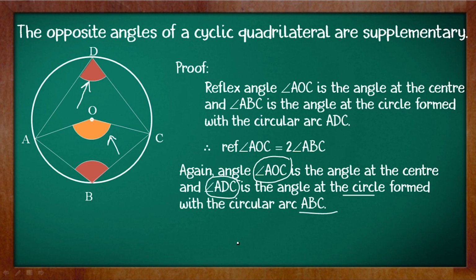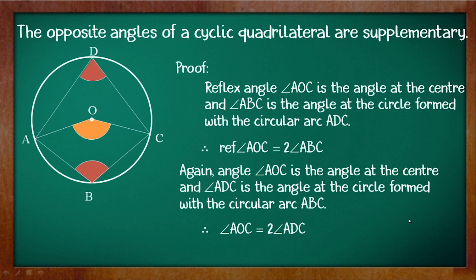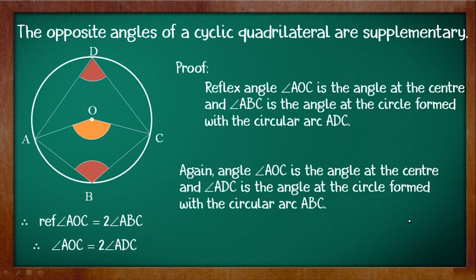So we know that the angle at the center is twice angle ADC, that is, the angle at the circle. So these are the two important things that we derived with the help of this diagram: reflex angle AOC is twice angle ABC, and angle AOC is twice angle ADC.